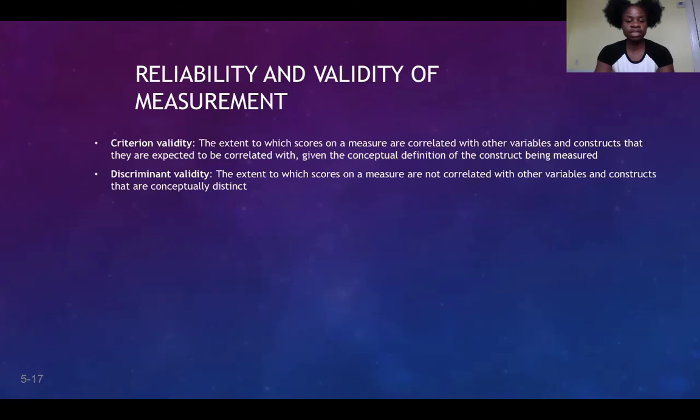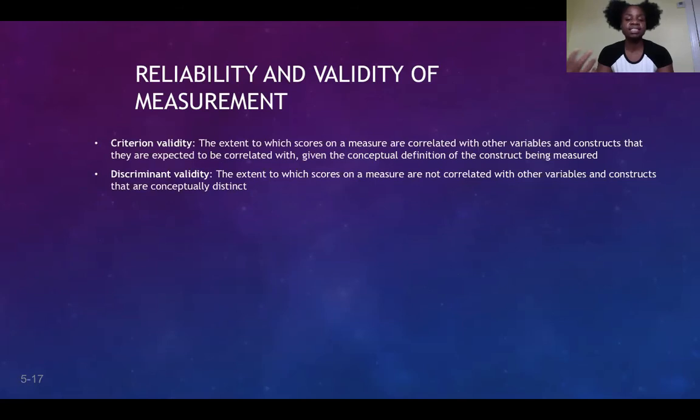Criterion validity is the extent to which people's scores on a measure are correlated with other variables known as criteria that we would expect them to be correlated with. So a criterion can be any variable that we have reason to think should be correlated with the construct we are measuring. It requires collecting data using the measure.